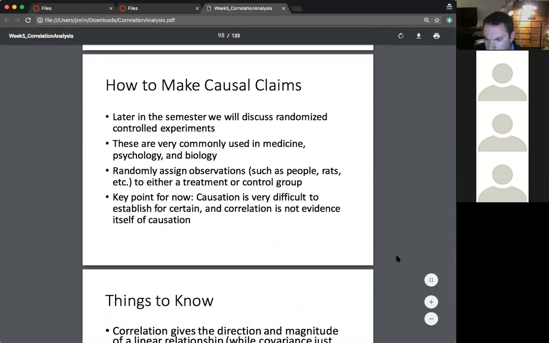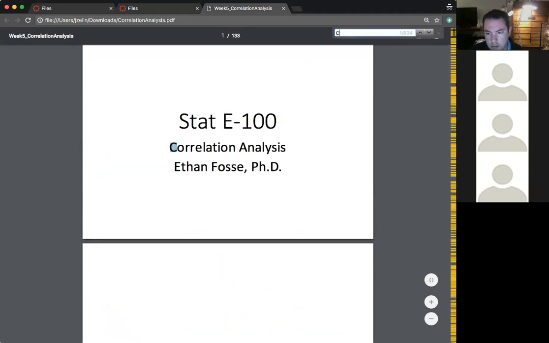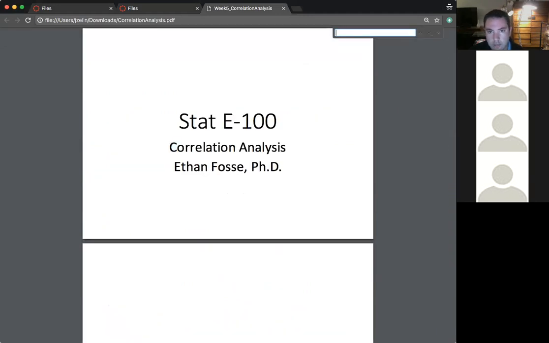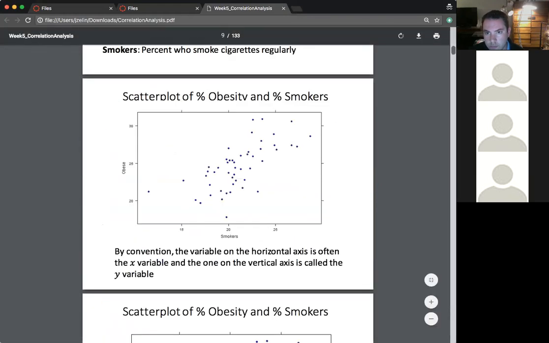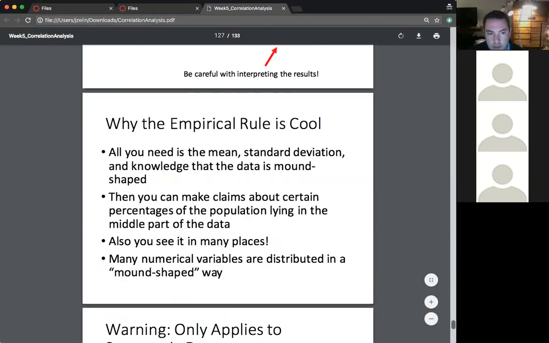Let's look at this rule. Yeah, so we can talk about that.